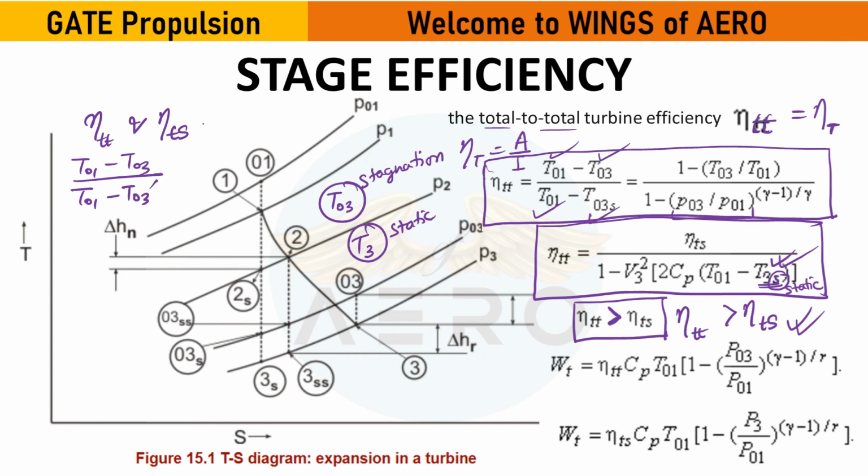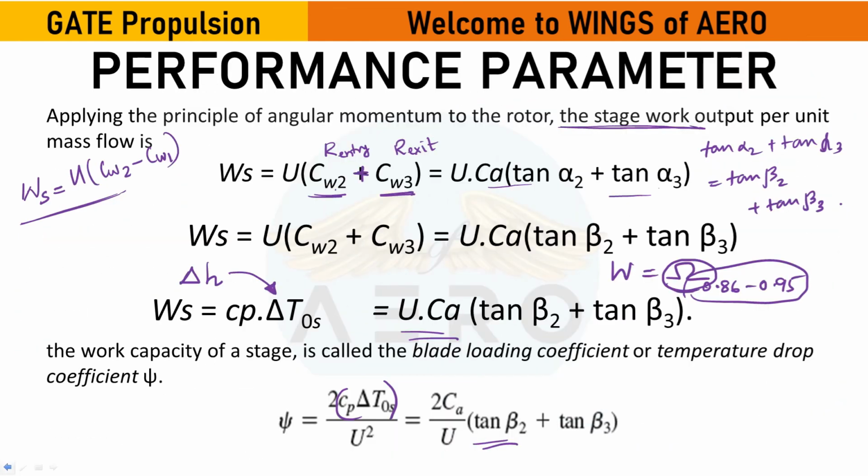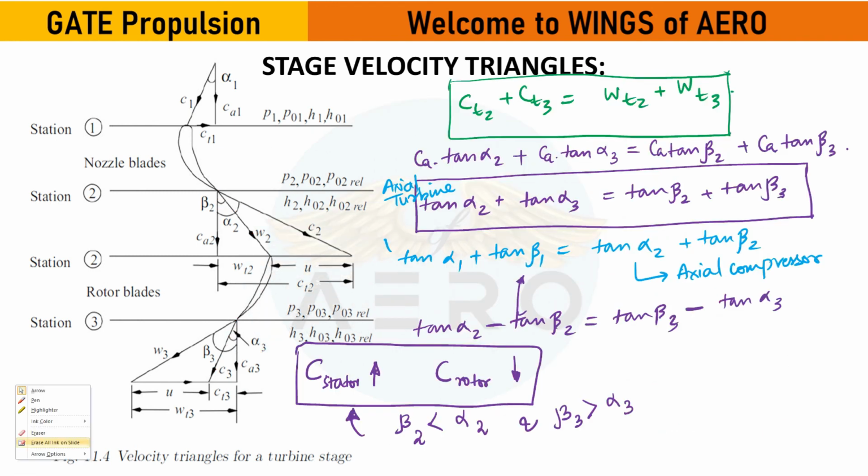Ma'am, what is that V3? V3 is, I will show you what V3 is. At station 3, yes, at station 3 only, this is V3. That is the relative velocity.